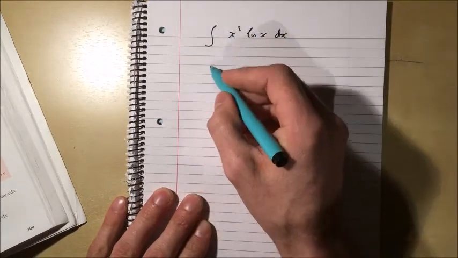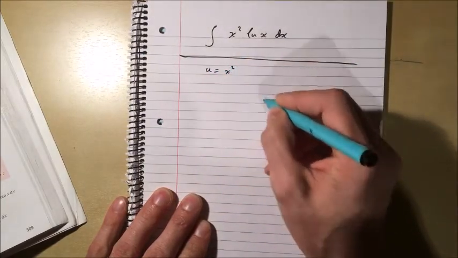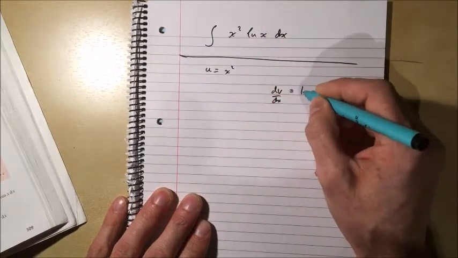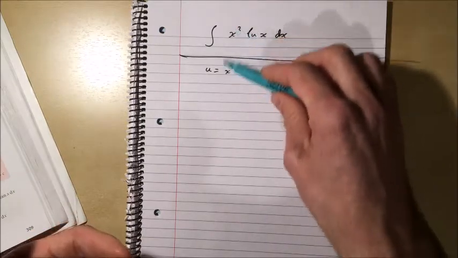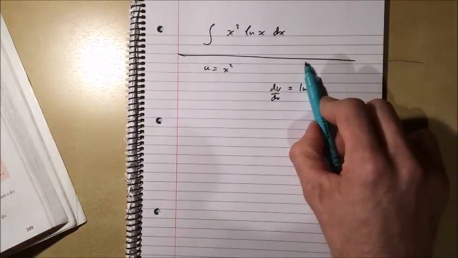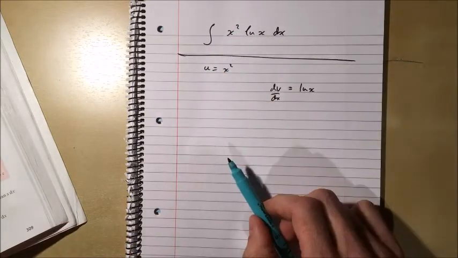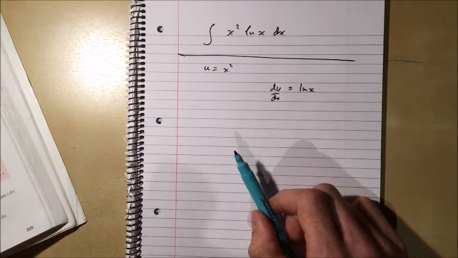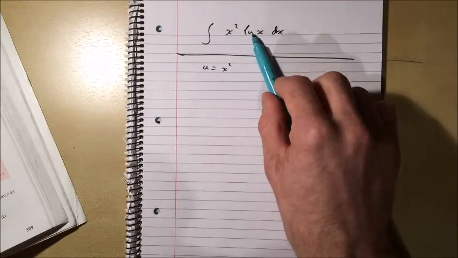Okay, so we're going to say u is the x squared. dv by dx is the natural log. Okay, that's what we just said. We just said, well, we tend to let the polynomial bit be u, except we haven't got a way of integrating natural log. So when I say we tend to let the polynomial bit be the u, the exception to that rule would be: I need to be able to integrate this one, and I need to be able to differentiate that one.